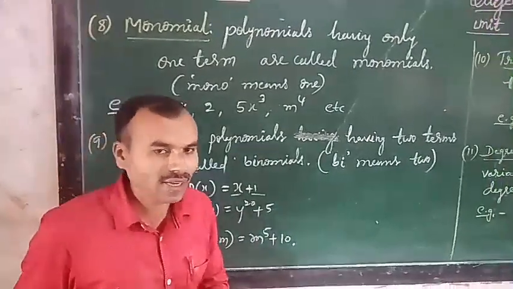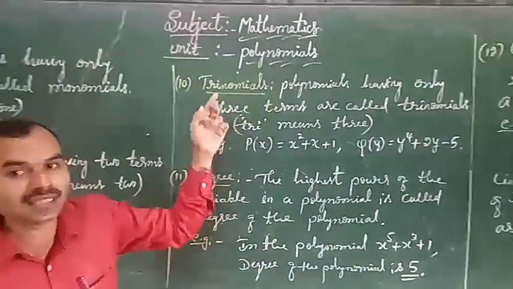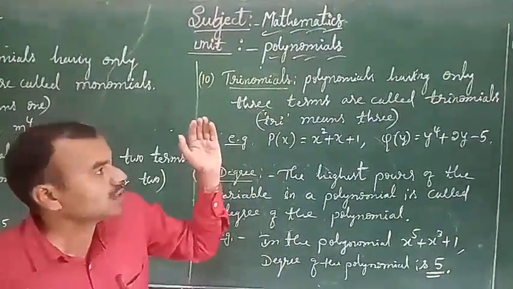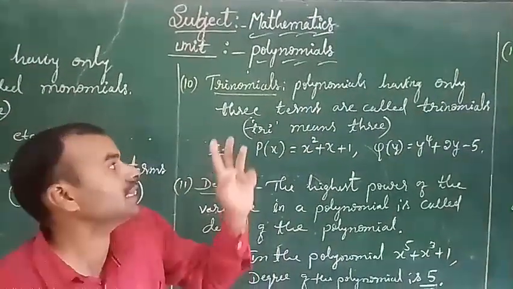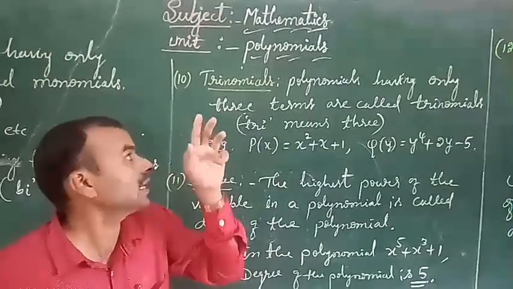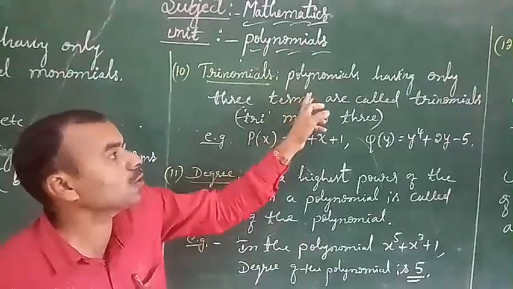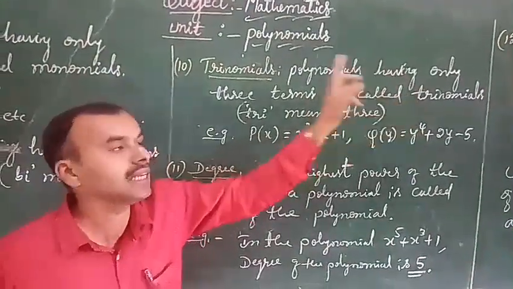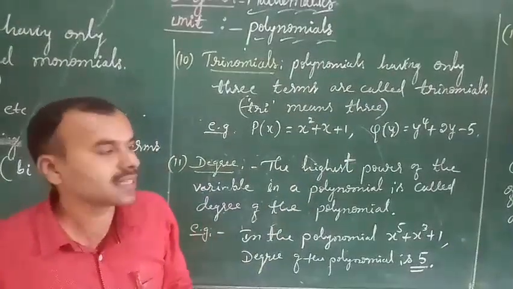Next, take trinomials. Tri means three. Similarly, polynomials having only three terms are called trinomials.